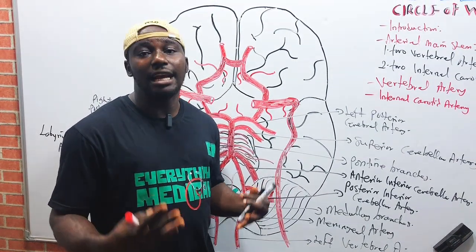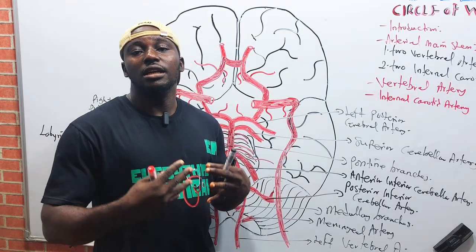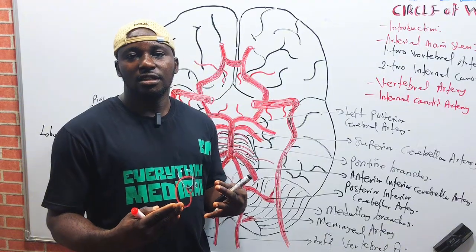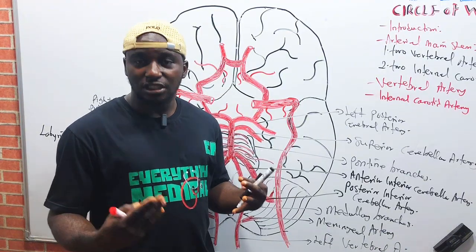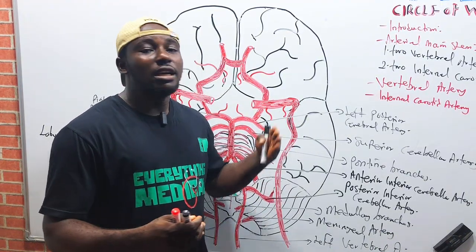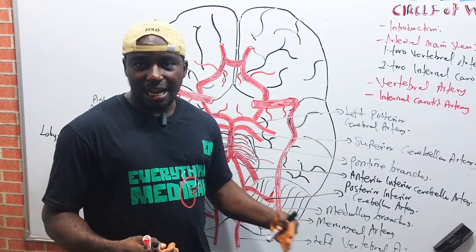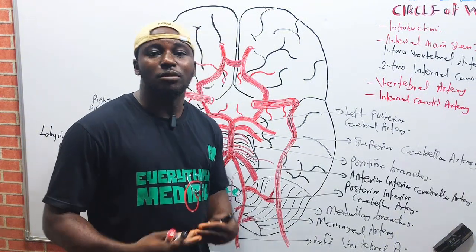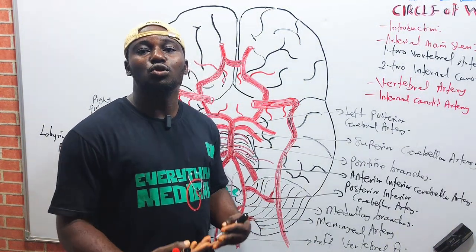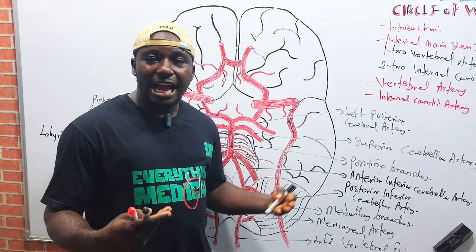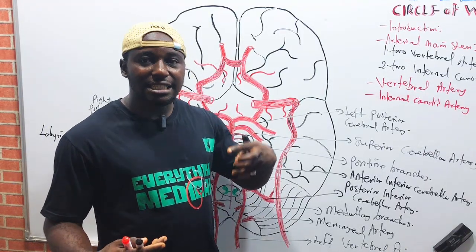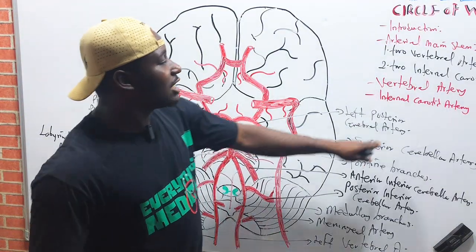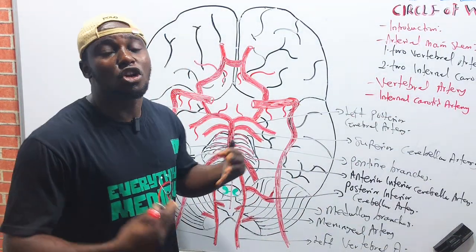And the common carotid artery arises from the aortic arch and the brachiocephalic trunk, right? The left common carotid artery arises directly from the aortic arch, while the right arises from the brachiocephalic trunk. It is similar to the right subclavian artery, which arises from the brachiocephalic trunk, right? So this blood vessel arises from the common carotid artery.